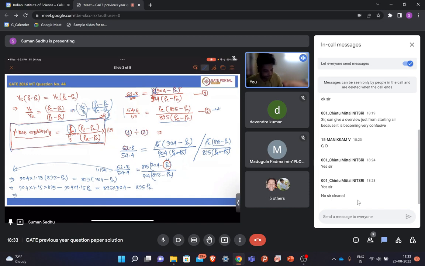So now if I bring this rho a term to this side, it will be 895 minus 904 into 1.15 rho a will be equal to 895 into 904 minus, we are bringing this one to this side, so it will be 904 into 1.15 into 895.